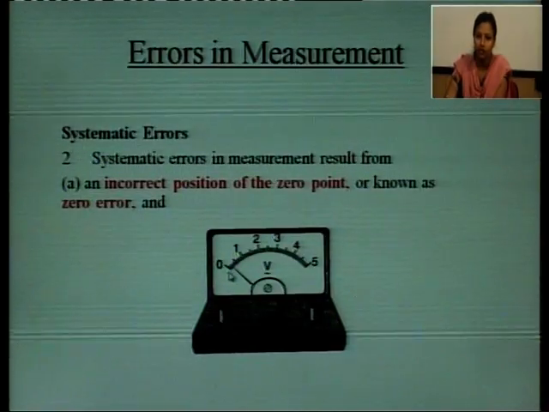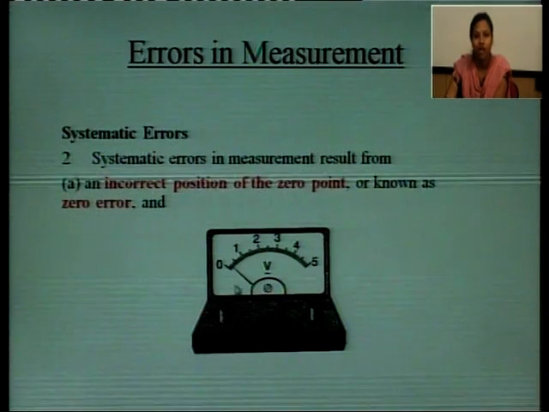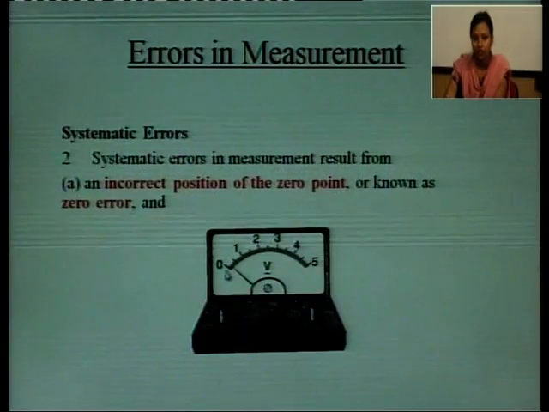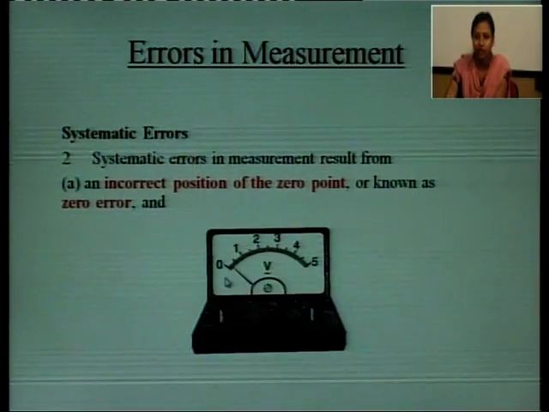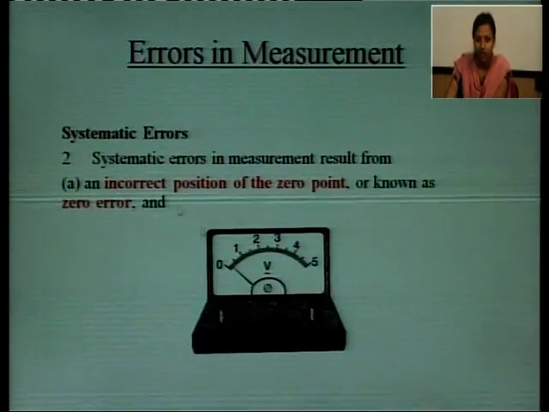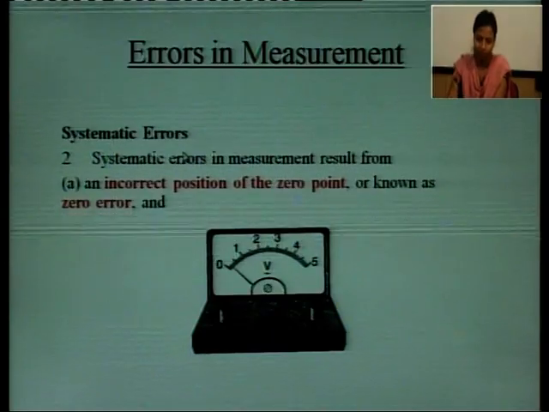This type of error is called zero error. If the starting point is not matching with 0, then there is some error involved here. That type of error is called zero error, and it comes under the title of systematic error.